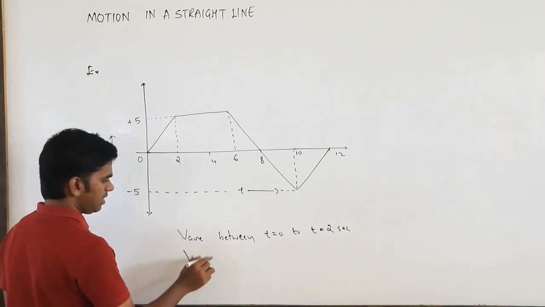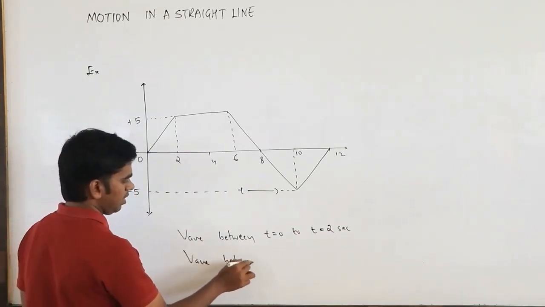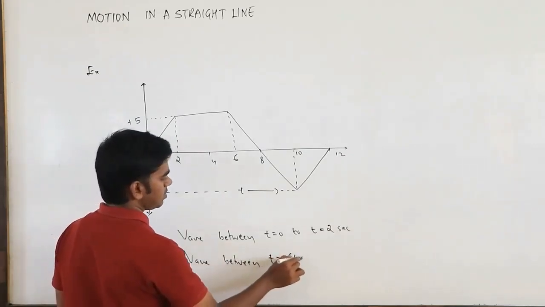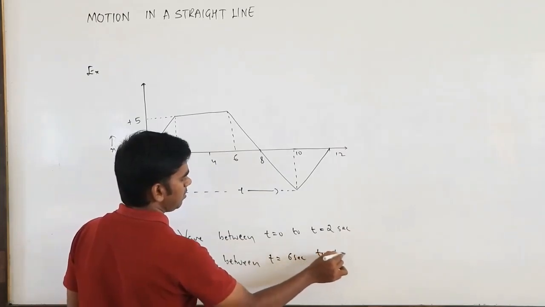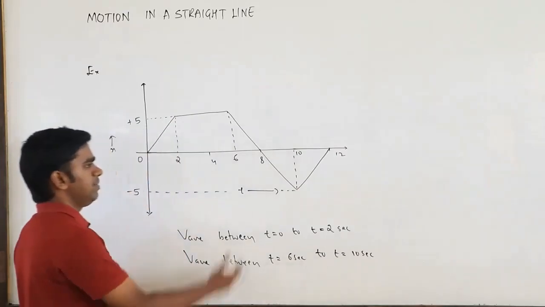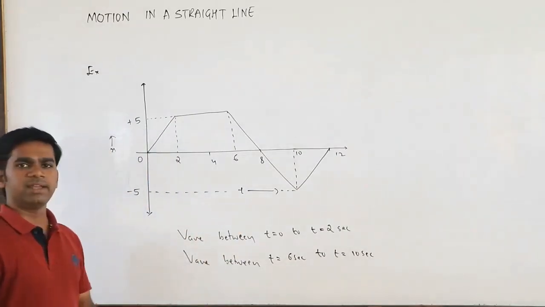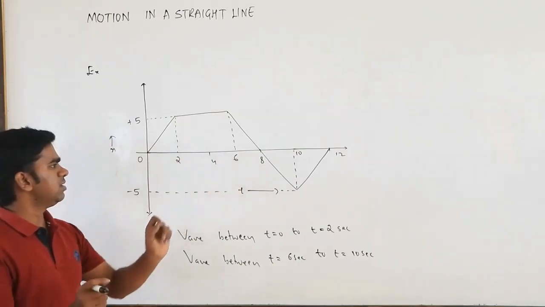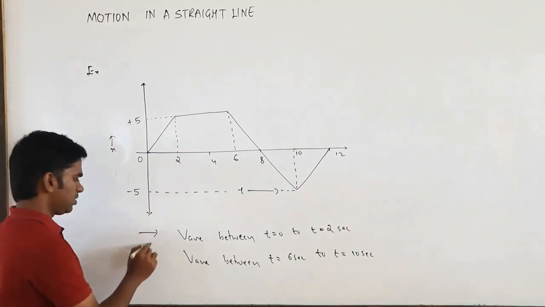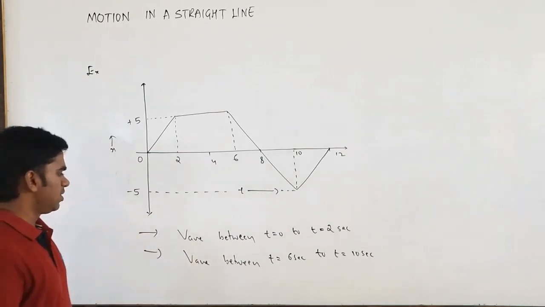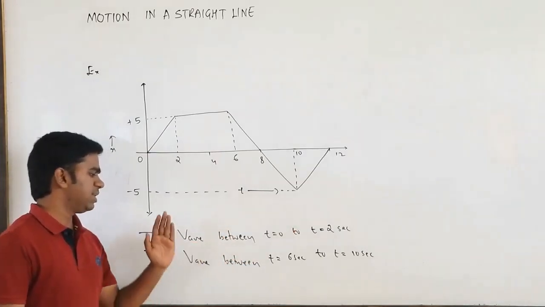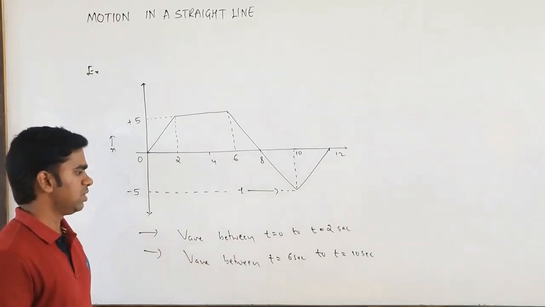Or they may ask average velocity between t equals 6 seconds to t equals 10 seconds. They may ask 12, whatever. You have to calculate everything, whatever you can calculate in this graph. I am taking two things over here. They are asking average velocity between time equals 0 to 2 seconds, and average velocity between time equals 6 seconds to 10 seconds.